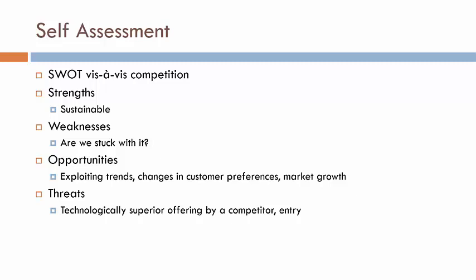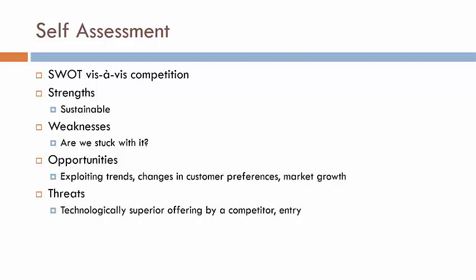Because they have a low cost structure, they can actually reduce the prices. And maybe their competitors may not have a low cost structure, so they may not be able to undercut Walmart's prices. But Walmart's margins may get hit, right? But they may actually be making higher profits by the quantity sold. Okay, so they may be able to generate higher demand for their products because of that. So in analyzing strengths and weaknesses, it's important to factor in whether they are sustainable in the long run or not, right?